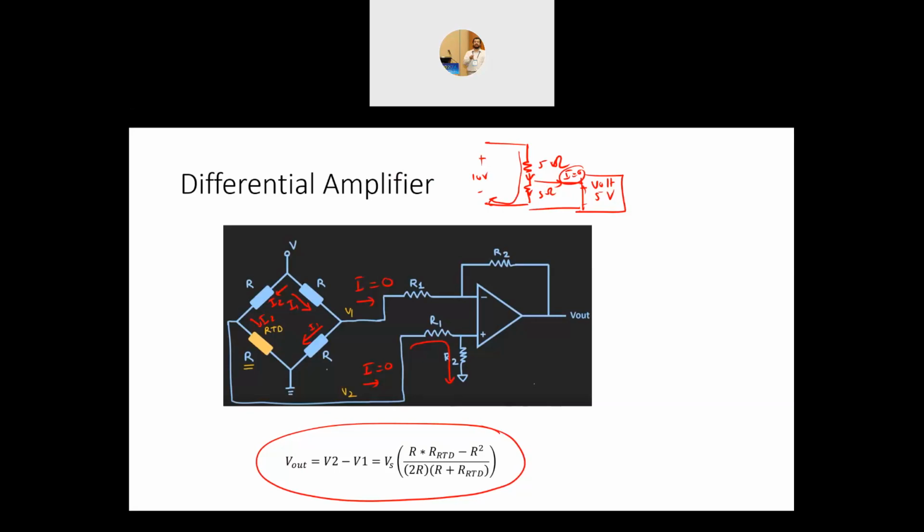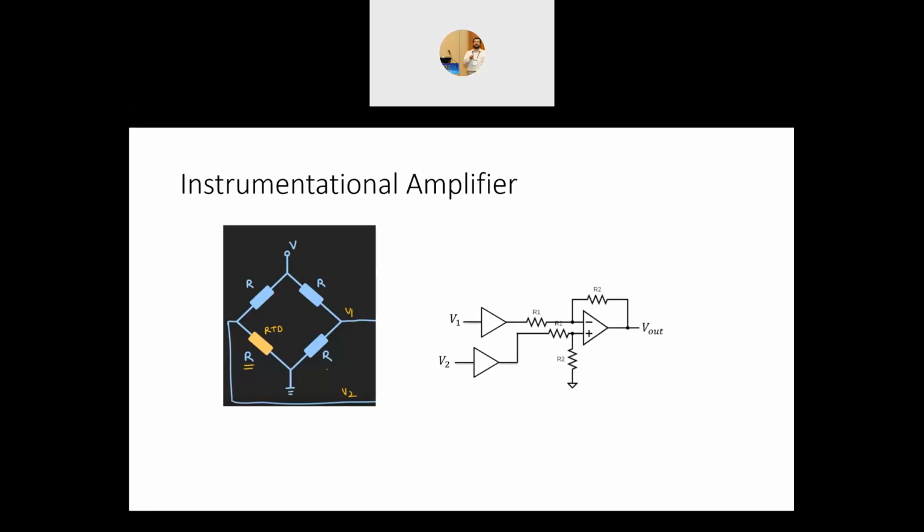How to solve this issue? Here comes the instrumentation amplifier. All you need to do is to insert a buffer here as an input. Now what is a buffer? A buffer is a regular op-amp, however your output is equal to your input. So the voltage output here will be V1, here will be V2. So it doesn't do any amplification.